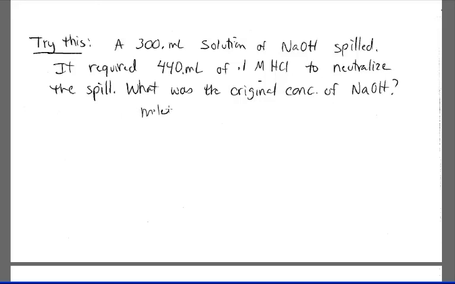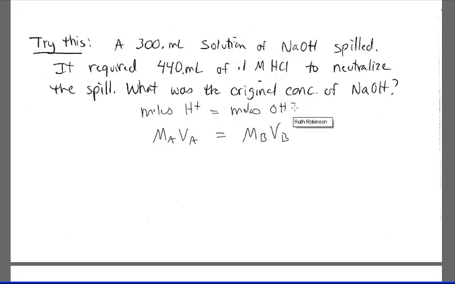We can say that the moles of H plus equals the moles of OH minus when we have neutralized it. The moles of H plus, again for this case, are the molarity times the volume, because we get 1 H plus for every HCl. And for the base, the molarity of the base times the volume of the base equals the number of moles, because we have 1 OH minus for every sodium hydroxide.